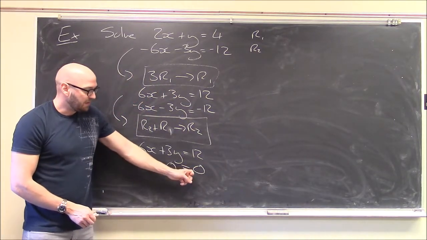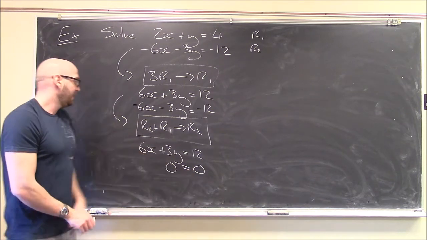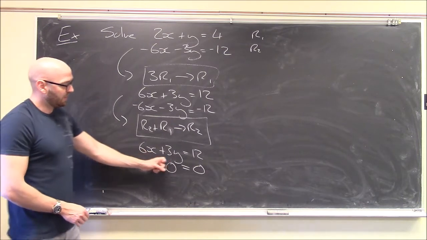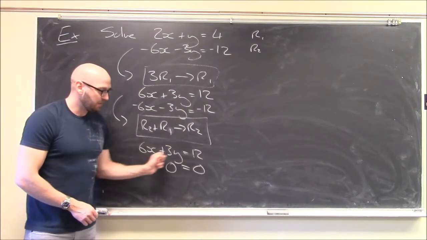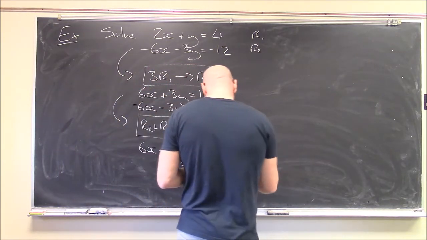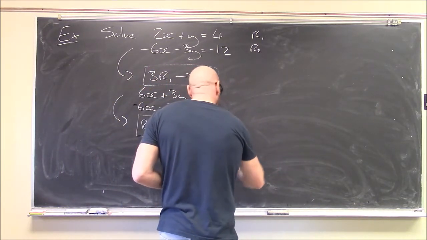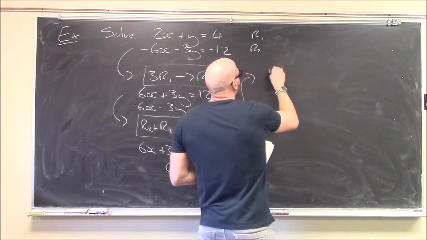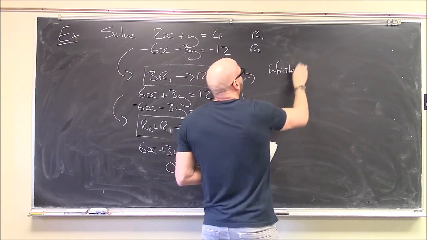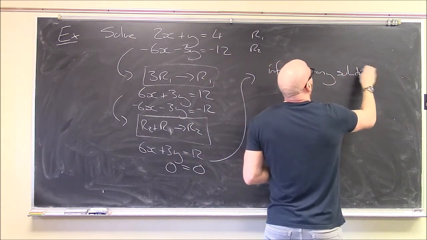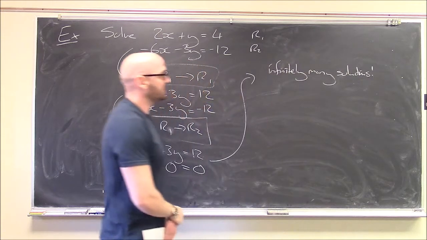So here I don't have this inconsistency. This is a true statement. And this tells me that the solutions are going to be any old solutions of just this first equation. So I've got infinitely many solutions in this case.